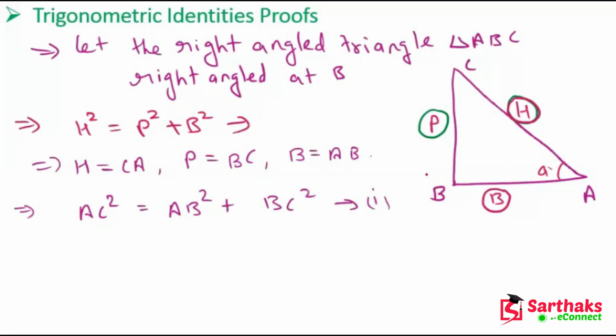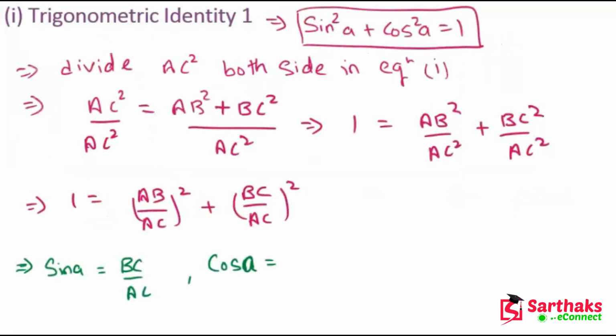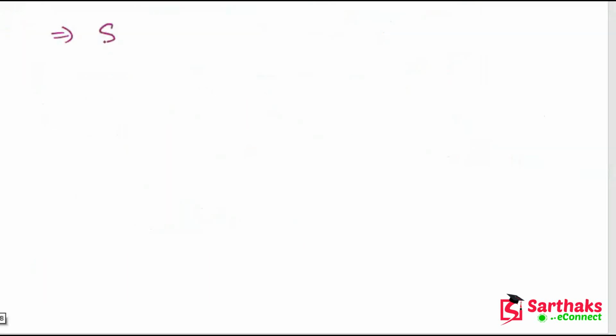Base is BA and hypotenuse is AC, so cos A is AB upon AC. Now put the values of sin A and cos A in this equation. So we get sin square A plus cos square A is equal to 1.